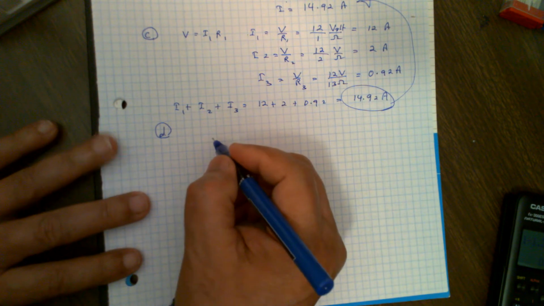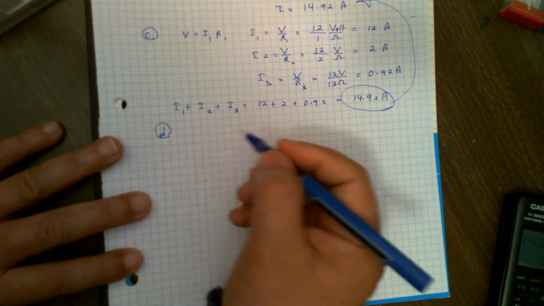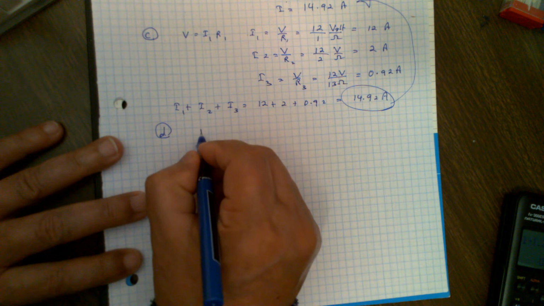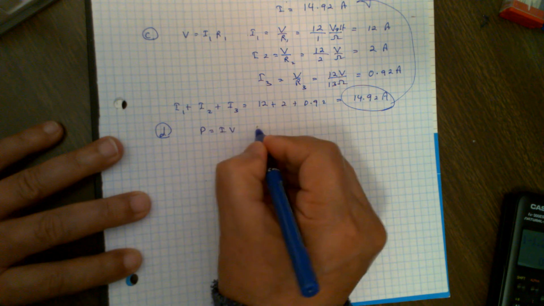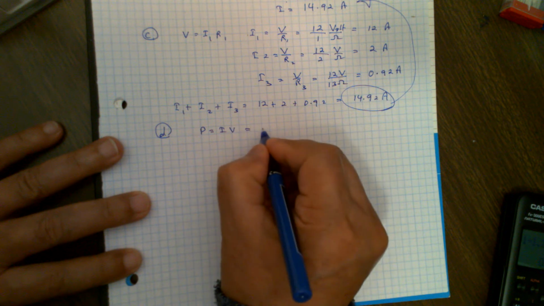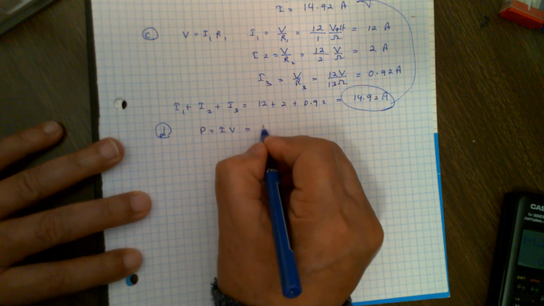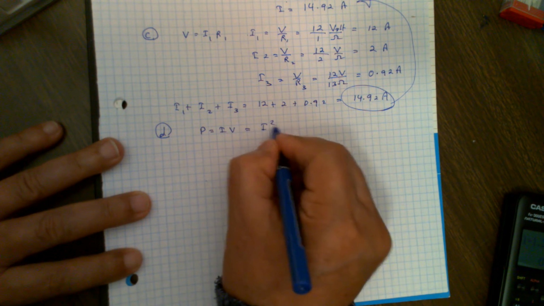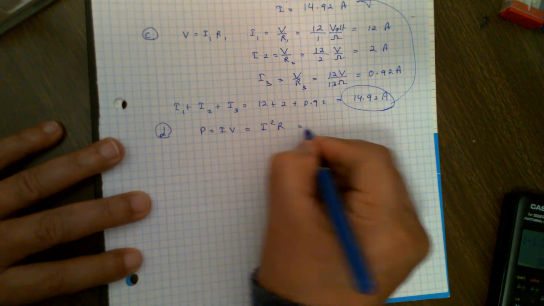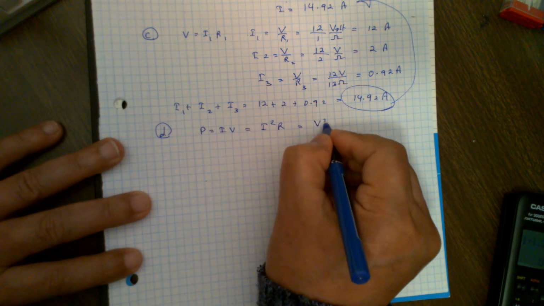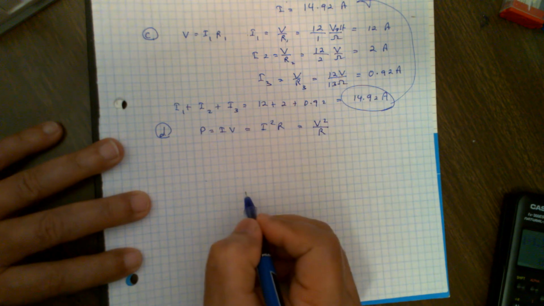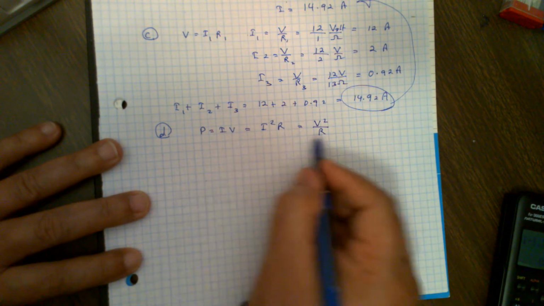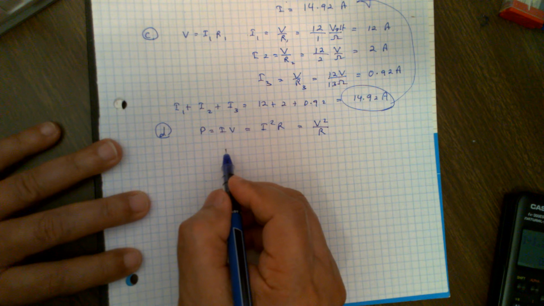So the formula is simple, right? The formula is P is equal to IV, and we also know that P is equal to I square R, and is equal to V square by R. Okay, how do I get these? Let me explain again. I have done this so many times, but let me do it again.